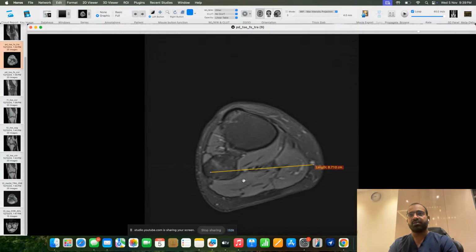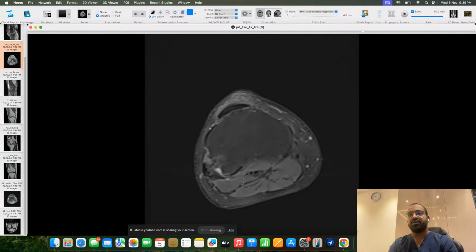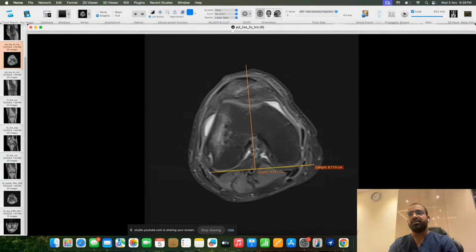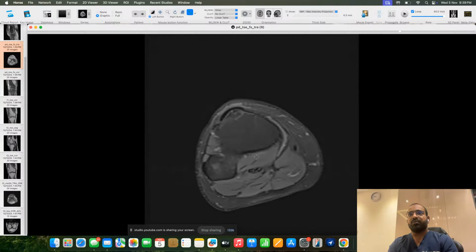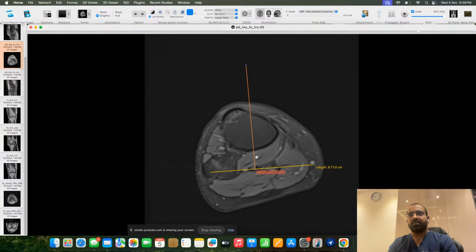This is the level of the tibial tuberosity. Paste it. Go up, get the line we have drawn for the trochlear groove, go down to the tibial tuberosity and paste it. Again paste it, so that we get a second line. Drag it and put it at the center of the tibial tuberosity, and measure the distance between these two perpendicular lines. That is our TT-TG distance.